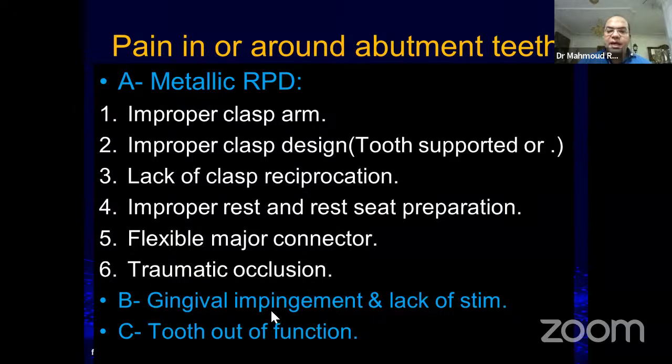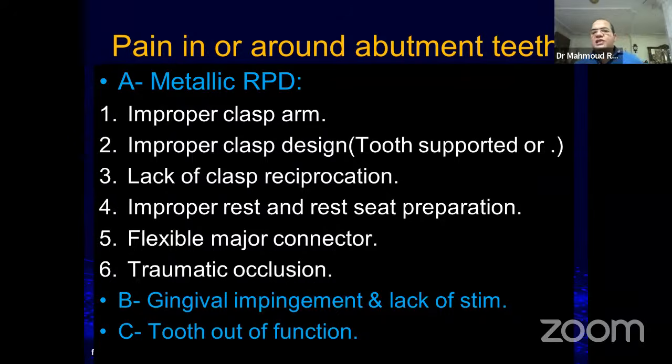Then gingival impingement and lack of stimulation. Lack of stimulation by coverage of the denture base. If it is not metallic, it will alter the taste sensation, as we said before. And also gingival impingement from the denture base if we have a lack of relief under the denture base.